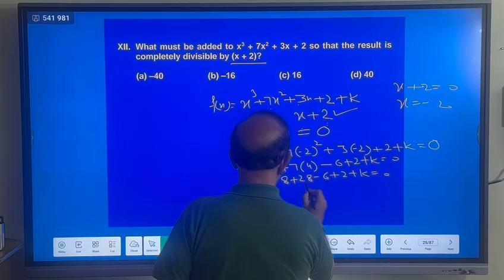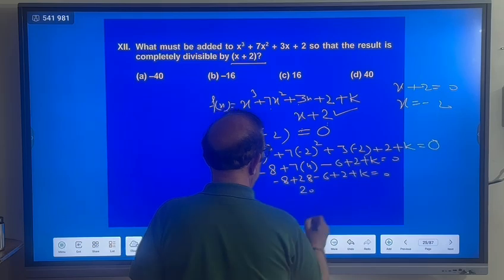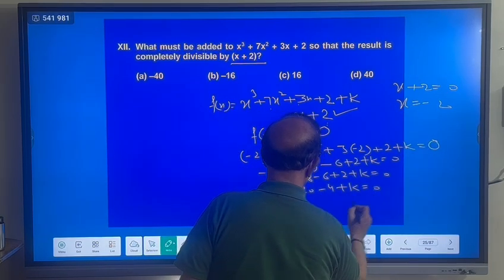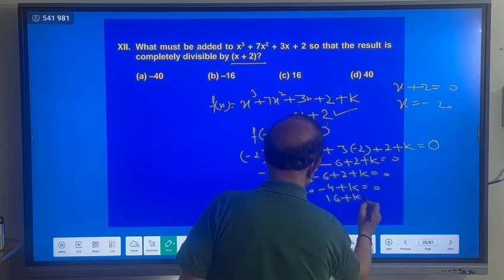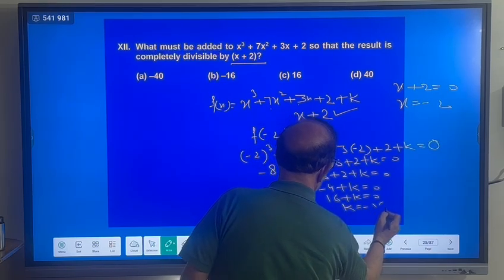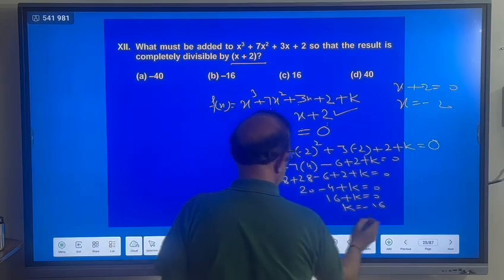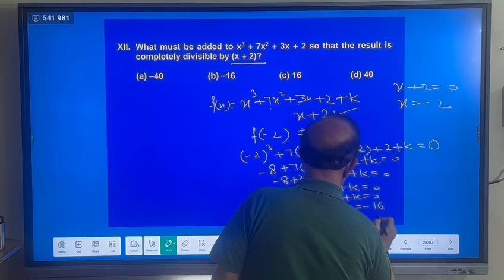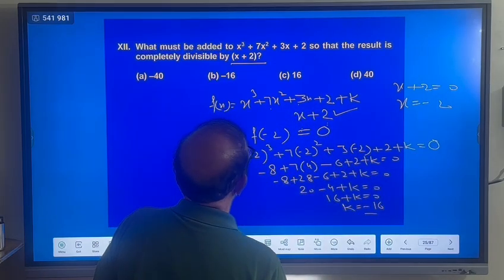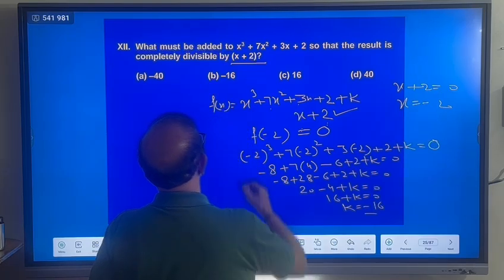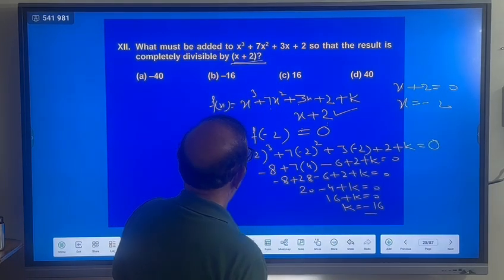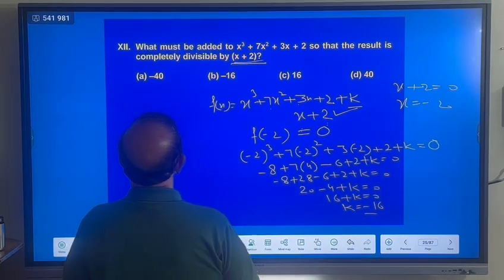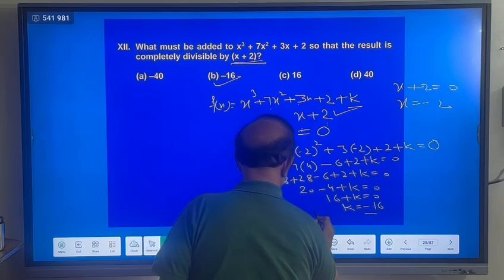Now minus 8 plus 28 is 20, minus 6 plus 2 is minus 4, so 16 plus k equals 0, k is equal to minus 16. What should be added to this to make the polynomial completely divisible by this? We got the answer. Let k be added, and we got the value of k, minus 16. This is your answer, minus 16. This is option B.